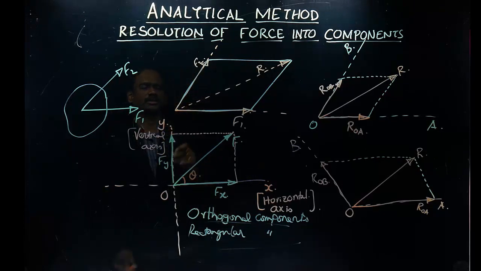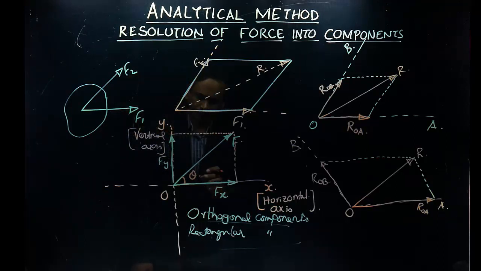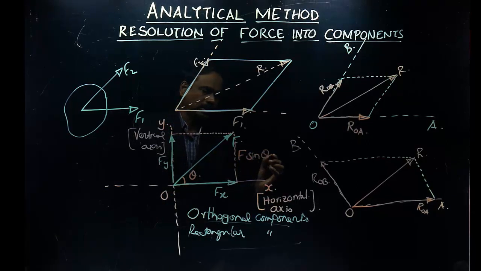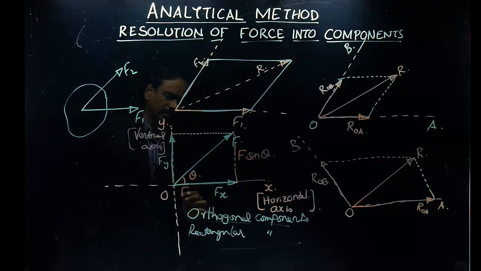This is the x-axis, and it is inclined at an angle of theta to the x-axis. Then if you try to recollect what you studied in maths, the side opposite to the angle will be sine. So this will be F sine theta and this will be F cos theta.